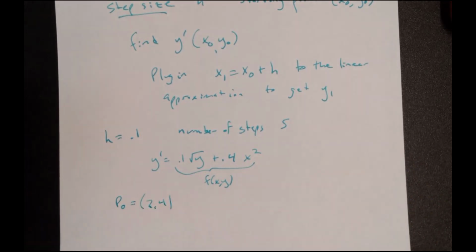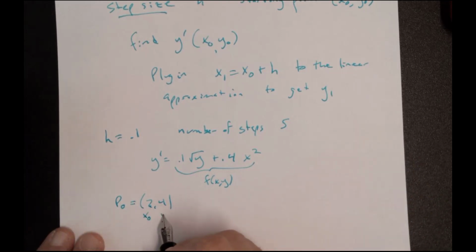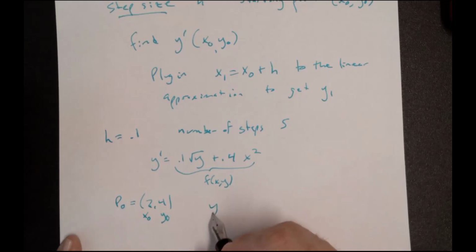That's our starting point, right? So this is x0 and y0. So far, so good. Y prime of 2, 4, we already worked out, was 1.8.